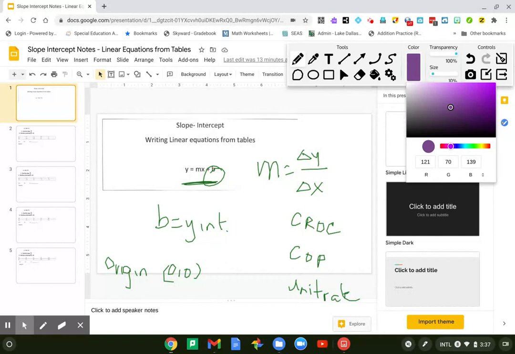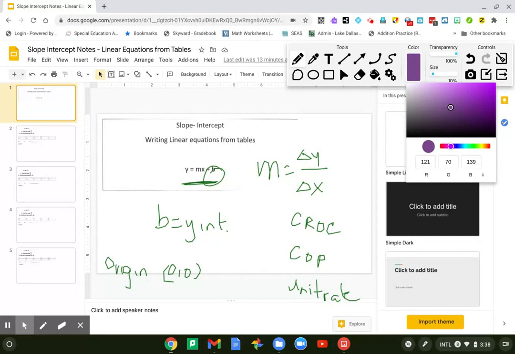It's kind of like its own neutral zone. If a line crosses through 0, 0, and I were to fold that line in half, I would have an equal part on both sides of the sheet of paper. It doesn't belong to the x or the y. It is its own thing.